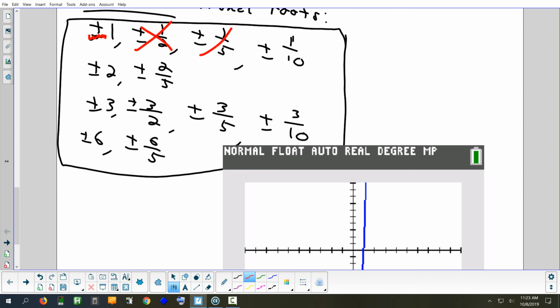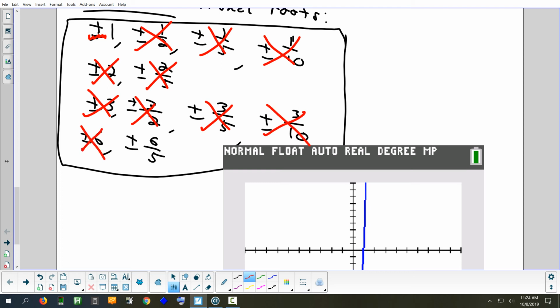No. A tenth? No, not even close. Positive or negative 2? No. 2/5 is 0.4. No. 3? No. 1.5? Not really. 3/5? 0.6? Not really. 3/10? No, doesn't look close to that one. Plus or minus 6? No way.